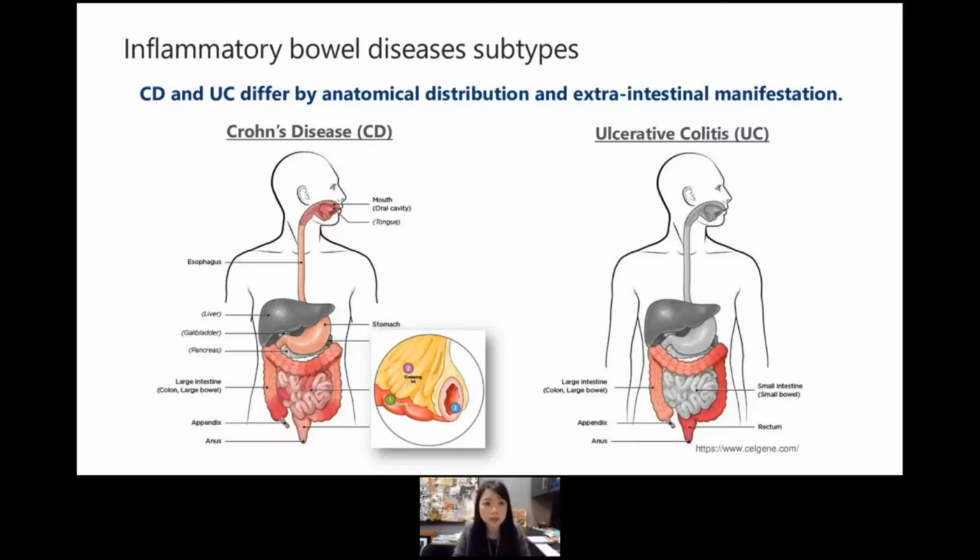But what's really interesting about Crohn's disease is that some patients actually have additional disorders or symptoms outside of their gut, and we call these extra-intestinal manifestations. And one of these extra-intestinal manifestations is called creeping fat. And you only really see that in Crohn's disease, and you don't see that in ulcerative colitis at all.